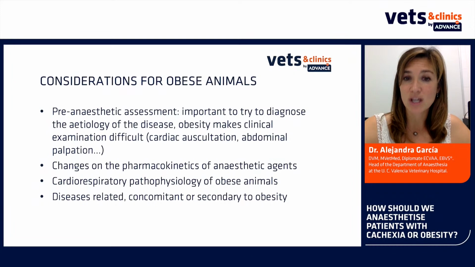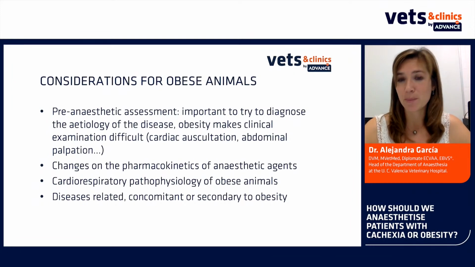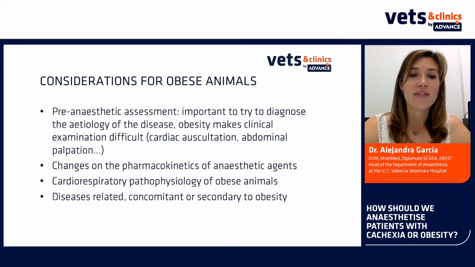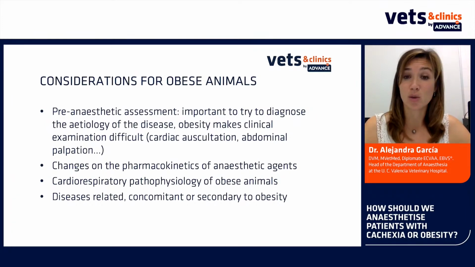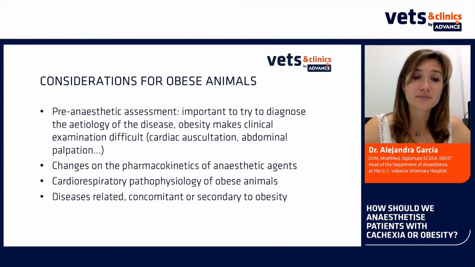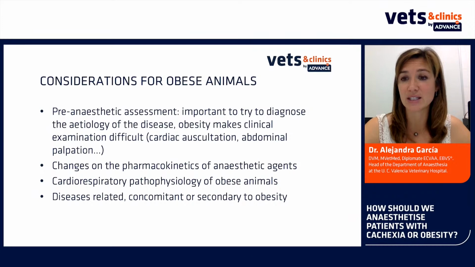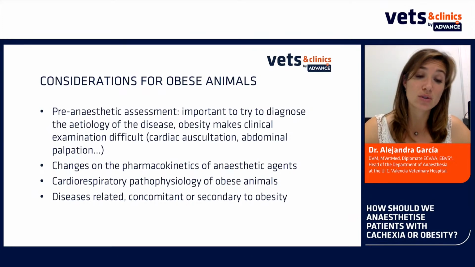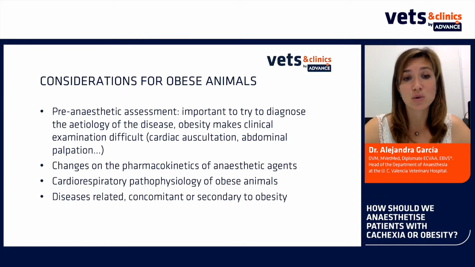Abdominal palpation as well, especially, as I said, in bigger-sized patients. The changes in the pharmacokinetics of anesthetic agents will be totally the opposite of the cachectic patients. The cardiorespiratory physiology of obese patients will be altered, and this complicates the anesthesia a little bit more. And there are also diseases related, concomitant or secondary, to the obesity.